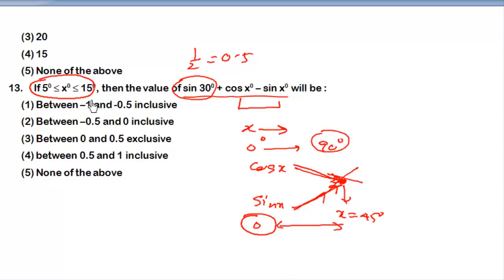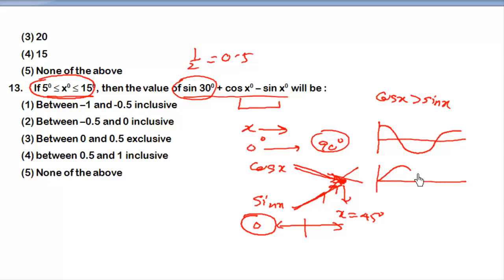But if I look at this particular range from 5 to 15, then I can surely say that the value of cos of x will always be greater than the value of sine of x, right? Even if you have knowledge of the graphs of cos of x and sine of x, this is how cos of x goes, and this is how sine of x goes.